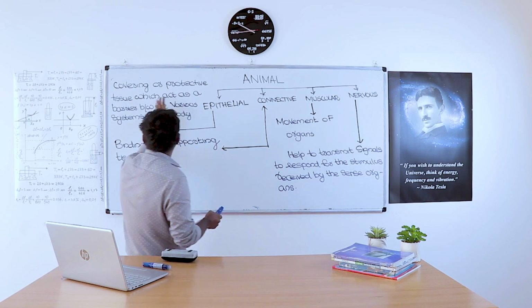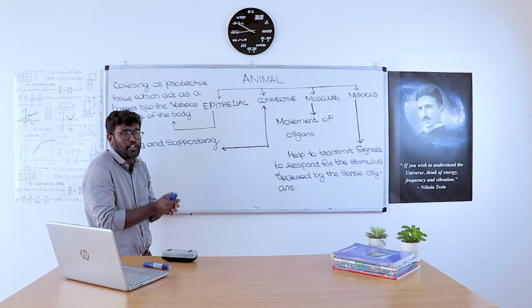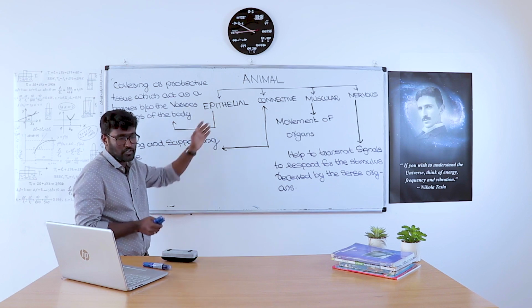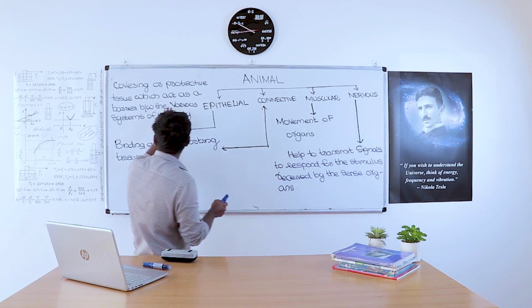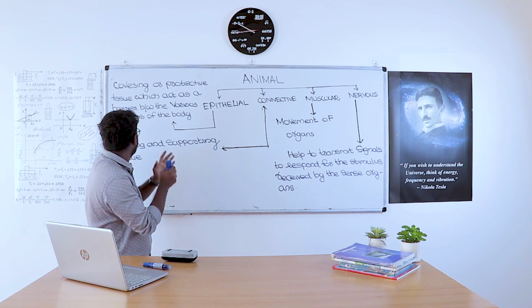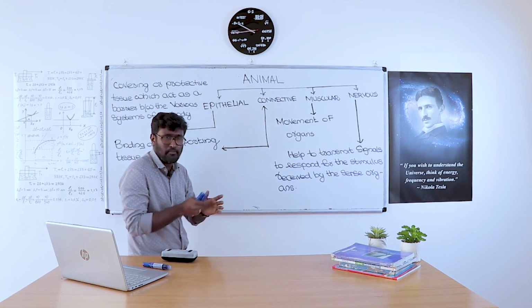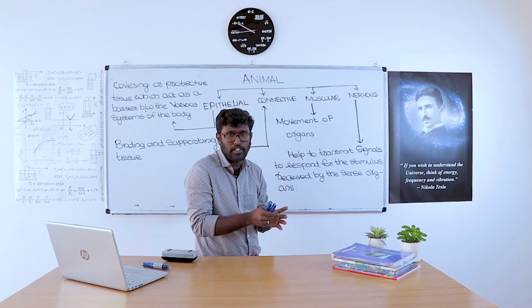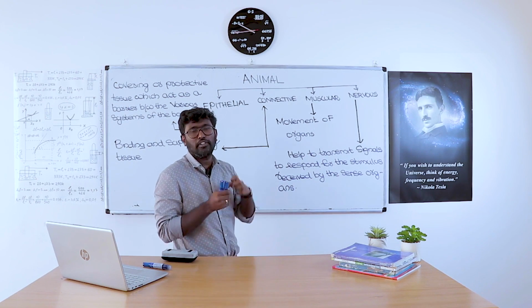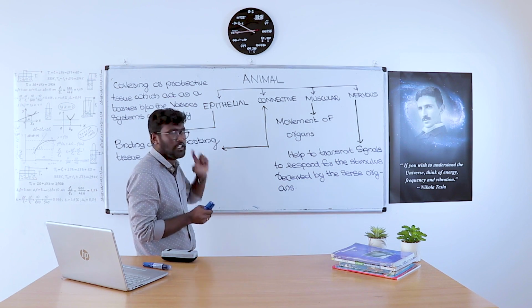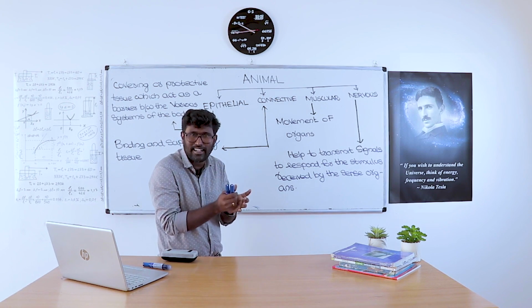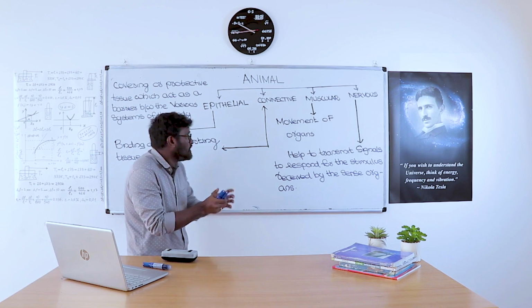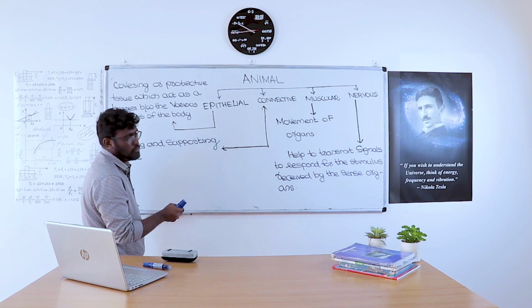So epithelial tissue is a covering or protective tissue which acts as a barrier between various systems of the body.